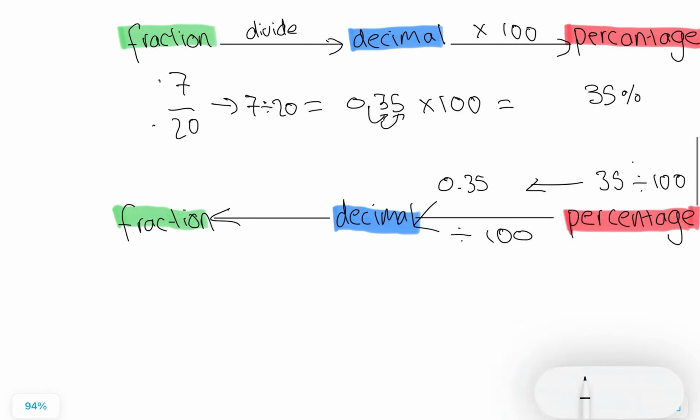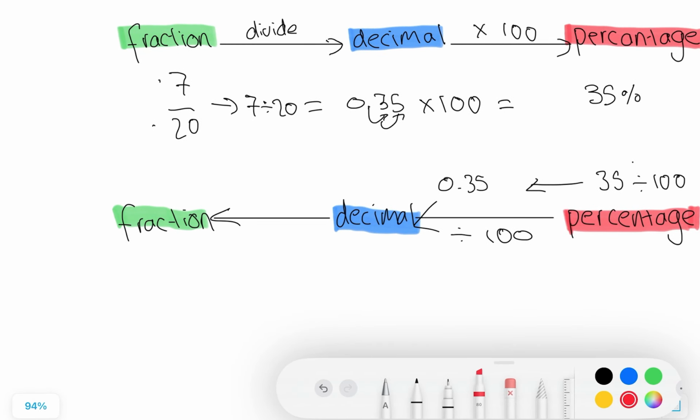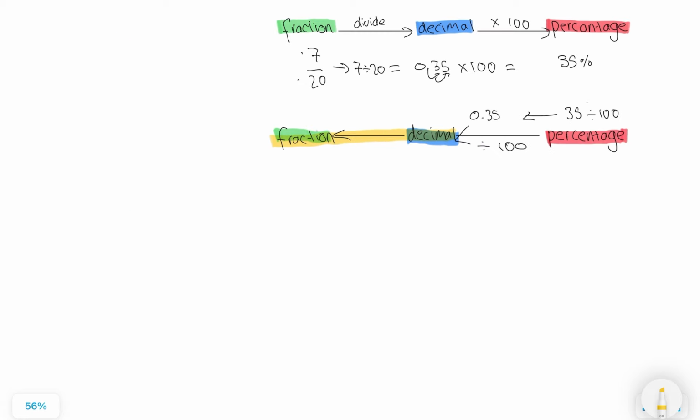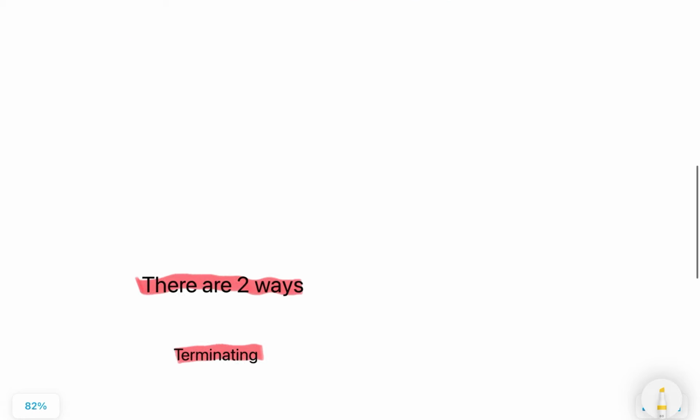But this is where things get a bit more tricky. It gets really tricky when you have to convert a decimal to a fraction, because you can't just multiply the two numbers, because that would give you a number, not a fraction. So that's why we're going to talk a bit more about this. There are 2 different methods you need to learn in order to convert a decimal to a fraction, and therefore the 2 different types of decimals: terminating decimals and recurring decimals.